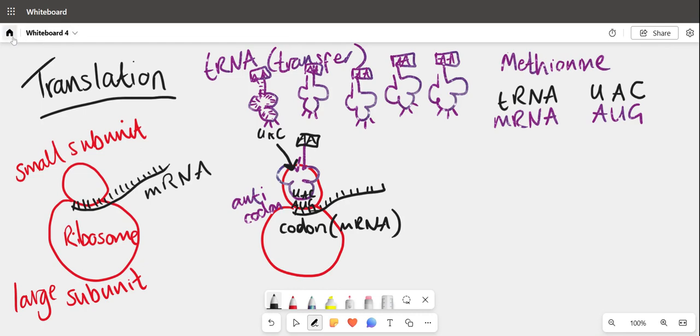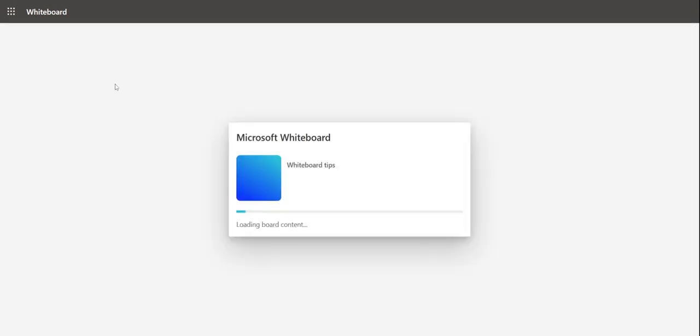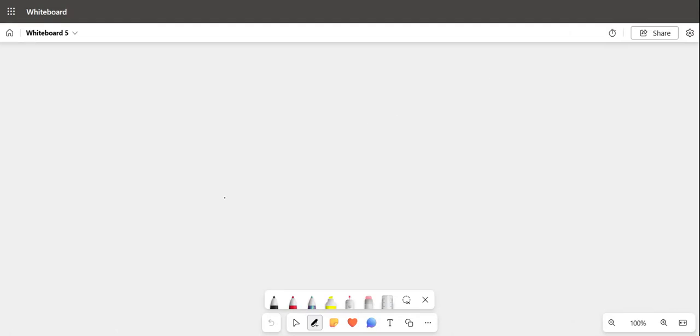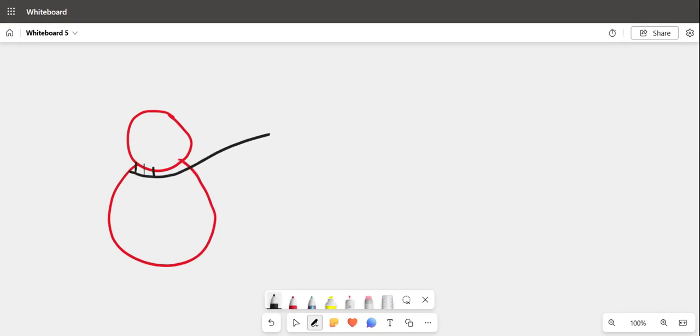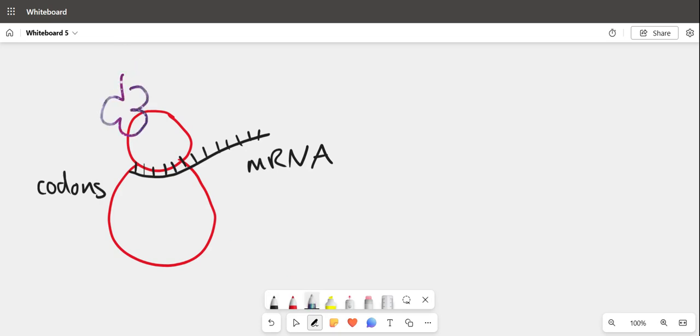I'm going to get a new whiteboard because it starts to get a bit messy. Let's make sure we can draw it nice and clearly. So now what we've got is our ribosome with our mRNA here. Remember that 3 bases on an mRNA are called codons. Then we've got our tRNA coming in up here, carrying a specific amino acid.